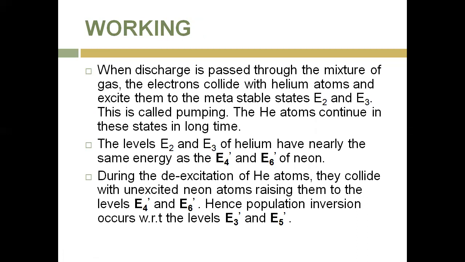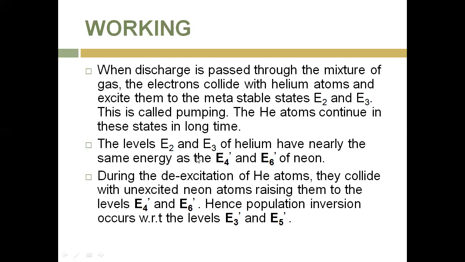When these helium atoms collide with the electrons, they get excited from the lower energy level to higher energy levels E2 and E3, which are metastable states. This process is called pumping, where helium atoms continue in these states for a longer time, about 10 power minus 8 to 10 power minus 3 seconds, which is the metastable state lifetime.